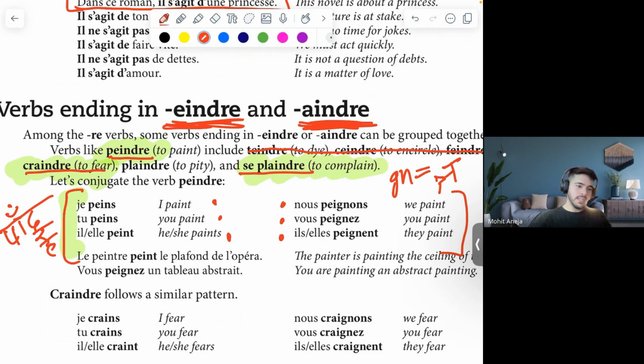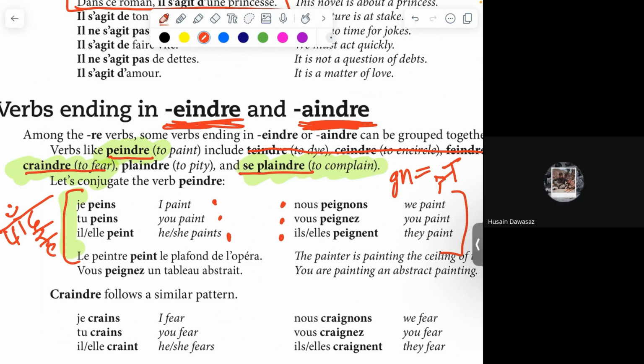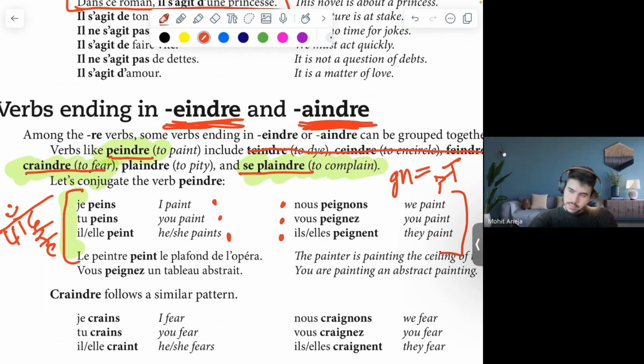The present tense substitutes for both the present and the present continuous. Je mange is equivalent to I eat or I am eating, both of them. So je peins is like I am painting or I paint. Exactly, the same.